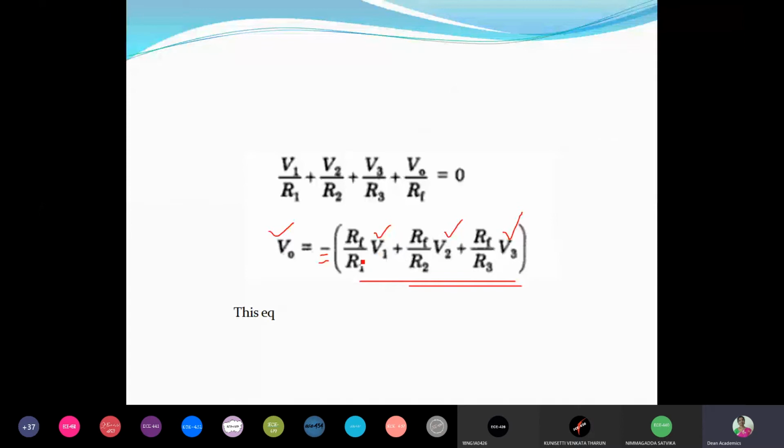That means V1 by 3, plus R2 is equal to 3 times RF, so RF gets cancelled, V2 by 3. And R3 is equal to 3 times RF, so 1 by 3 into V3. That means V0 is equal to minus of V1 by 3 plus V2 by 3 plus V3 by 3. The denominator is the same, so you can write V1 plus V2 plus V3 by 3.